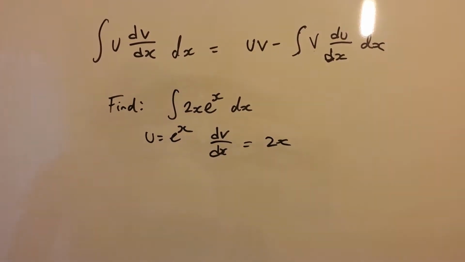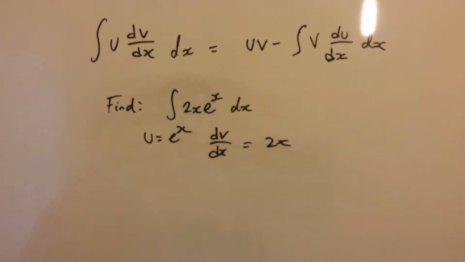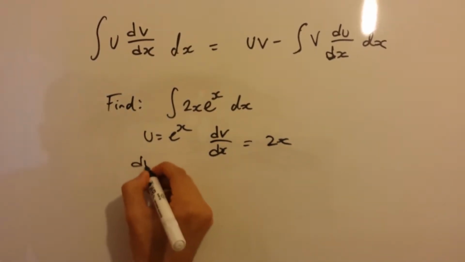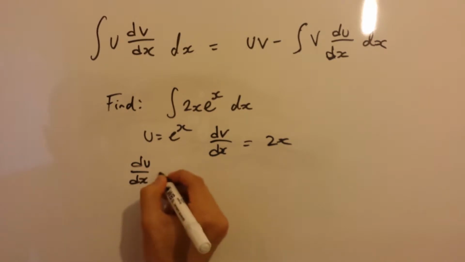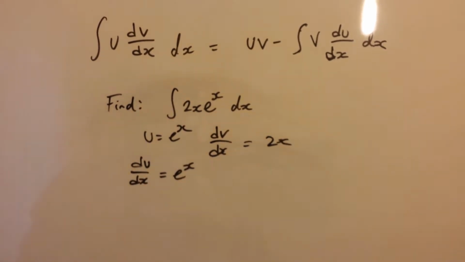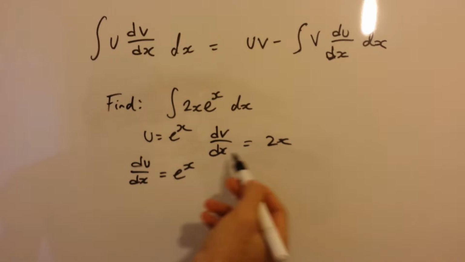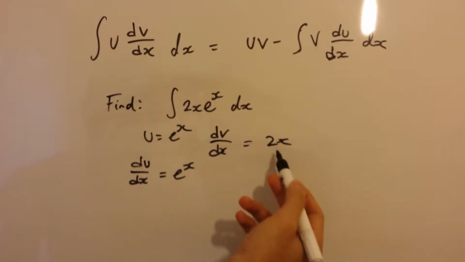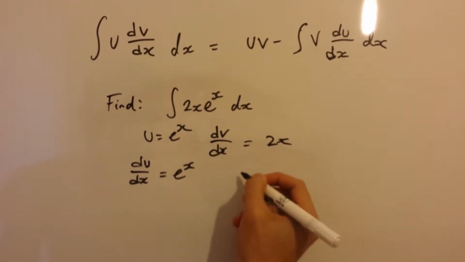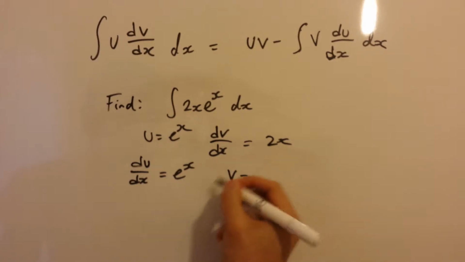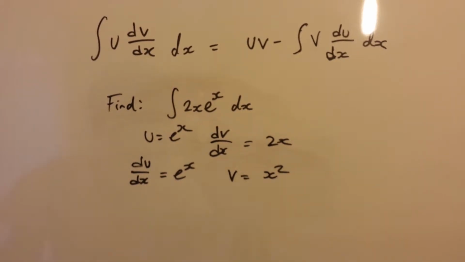So what we need to do is differentiate that, which is e to the x, and then integrate 2x, which should give you x squared.